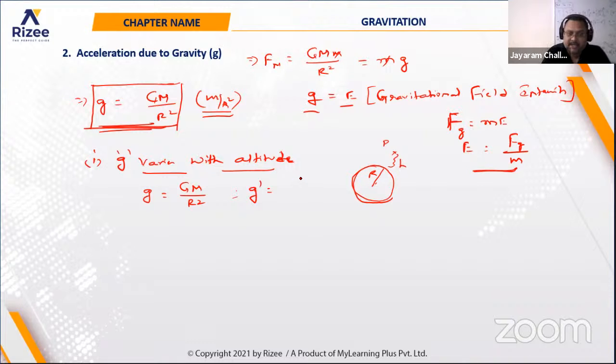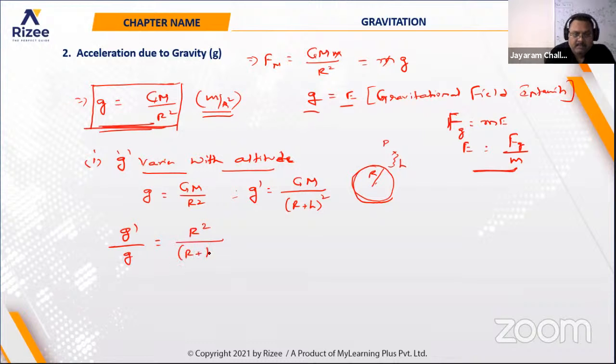Let us take it as g dash. That is G into capital M by (R plus H) whole square. So on comparing, g dash by g is equal to R square by (R plus H) whole square. This will be the generally used formula, please.